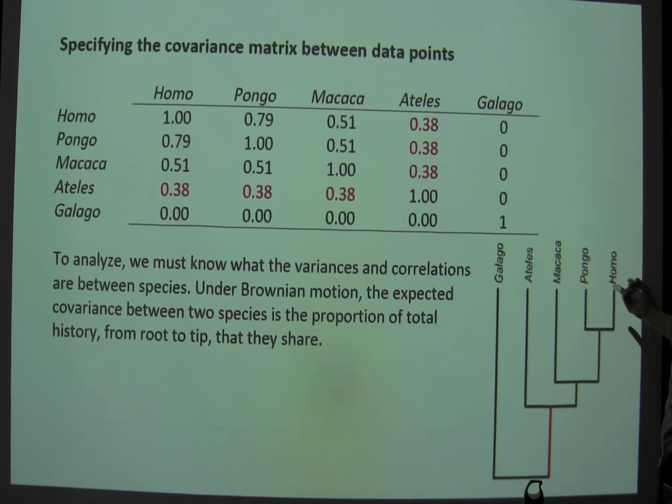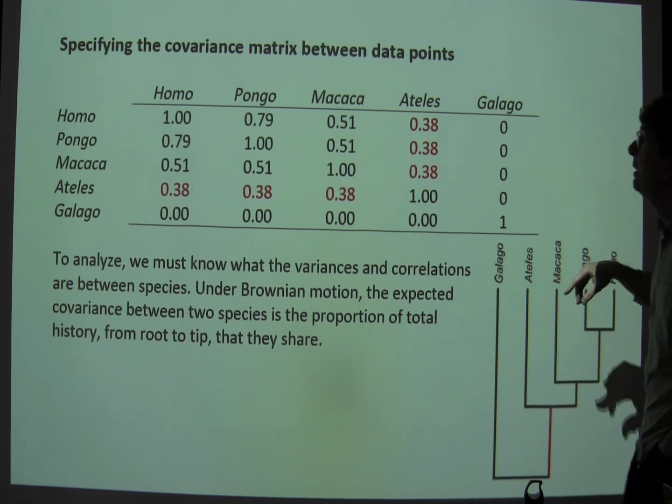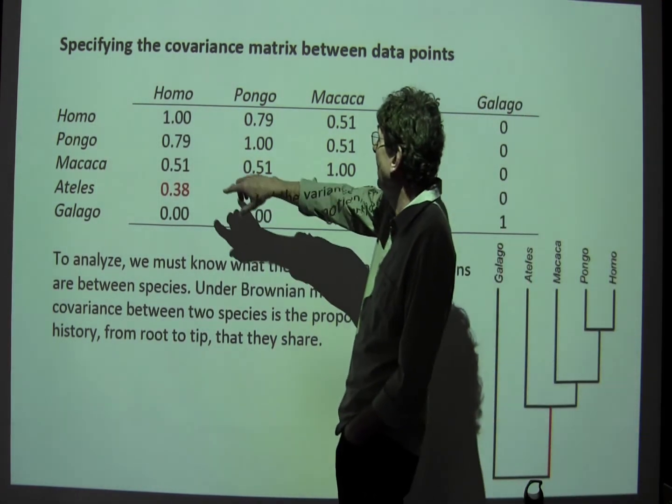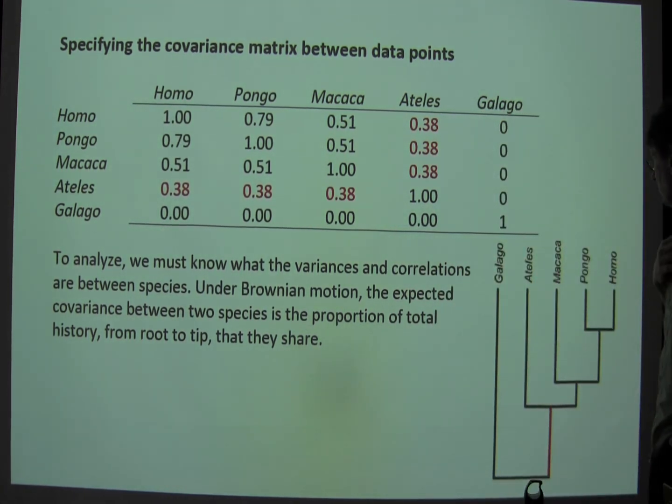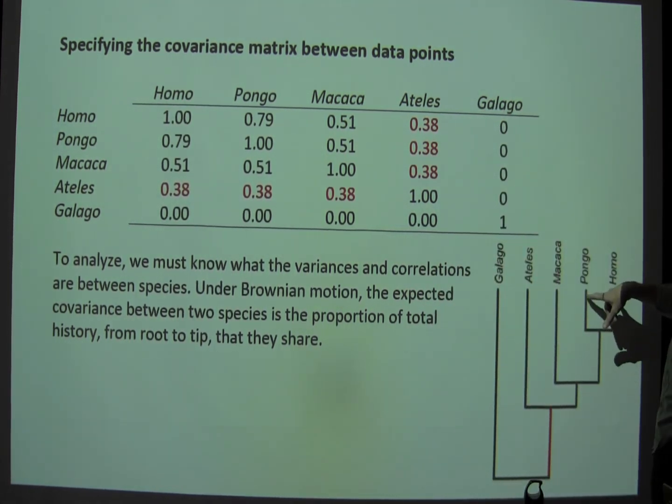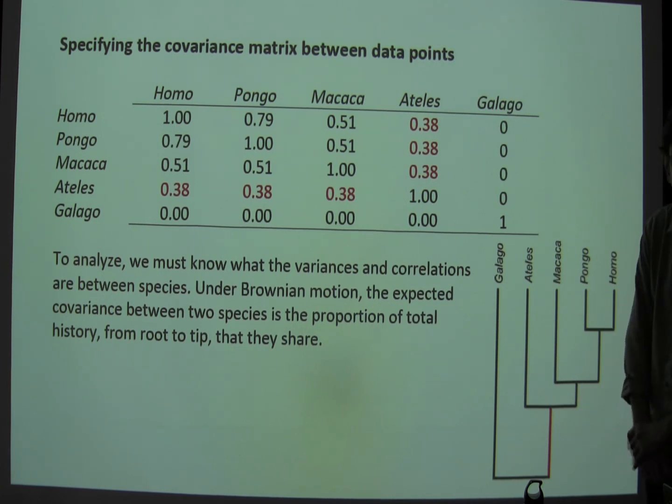So this can be done between all possible pairs. So Pongo and Homo, that's chimps and us, have a high covariance. And what that means is that the contribution of these 2 data points to the correlation between any pair of traits would be down-weighted because they are so similar to one another.